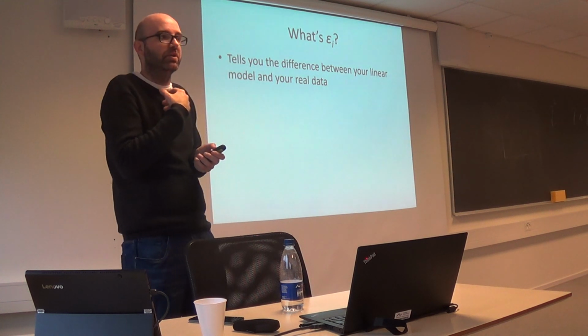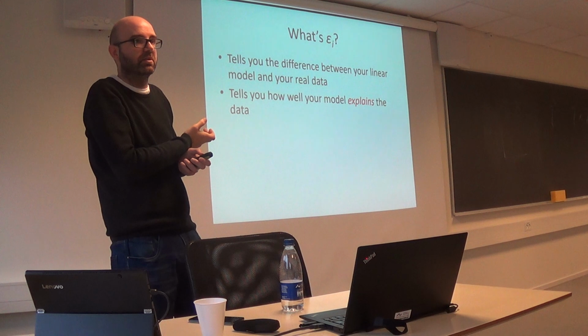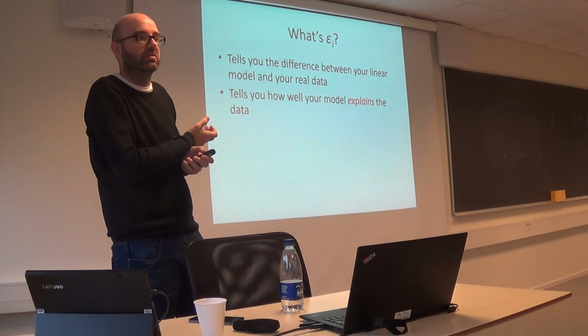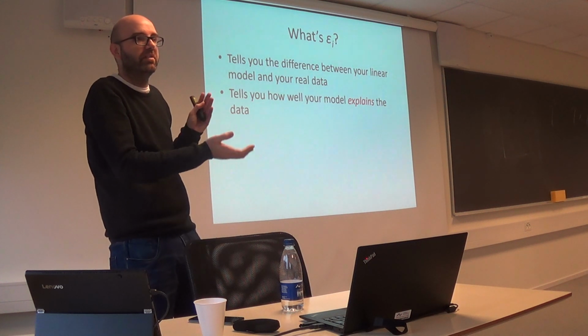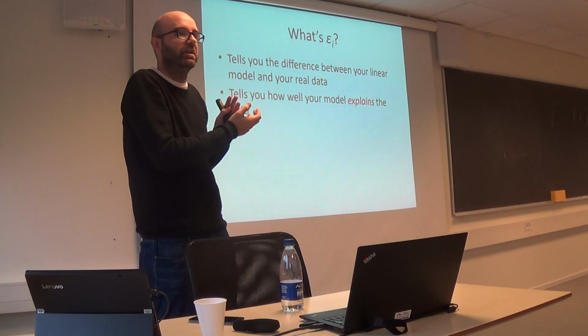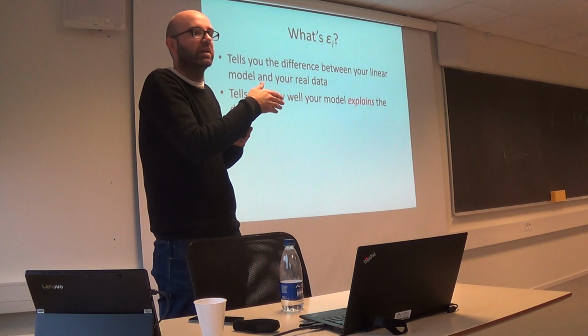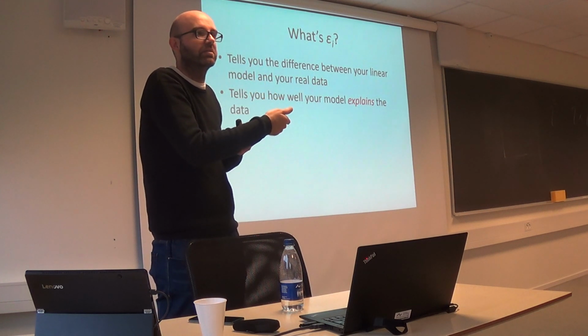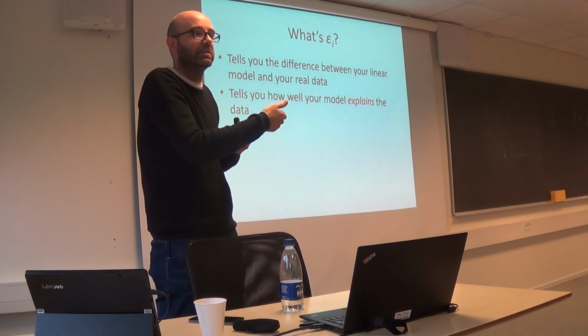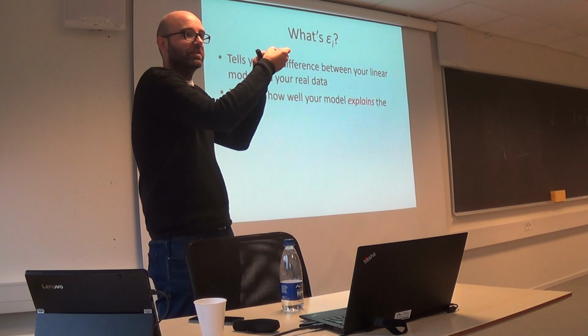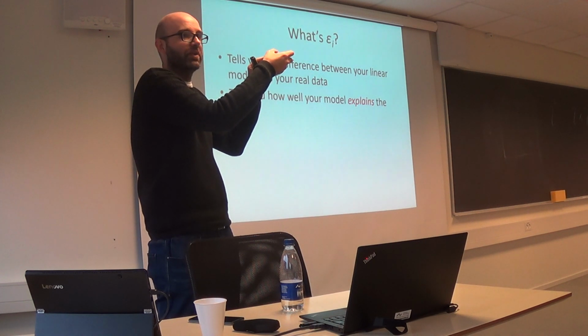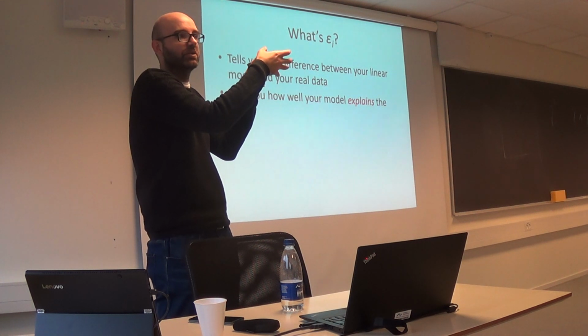It also tells you how well your model explains your data. So if everything goes according to your theory, then all of the dots will line up perfectly on the line, and your theory will be 100% accurate. You'll have a perfect explanation. If a cloud starts to form, your explanation gets worse. As the cloud gets bigger, the explanation gets worse and worse.